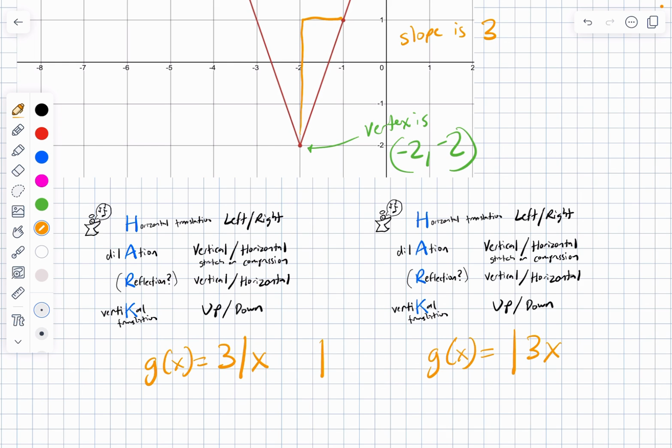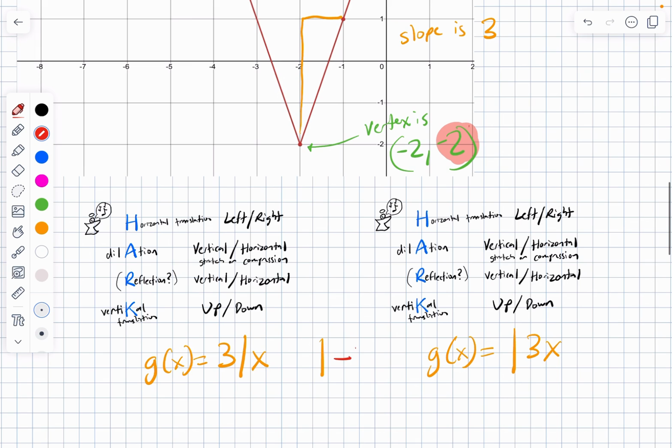Okay, another easy thing here is my k value. So I know vertically this isn't going to be affected. So I'm going to just bring it down 2 at the end. Down 2. Okay, now if it's a vertical dilation, this would be vertical stretch.